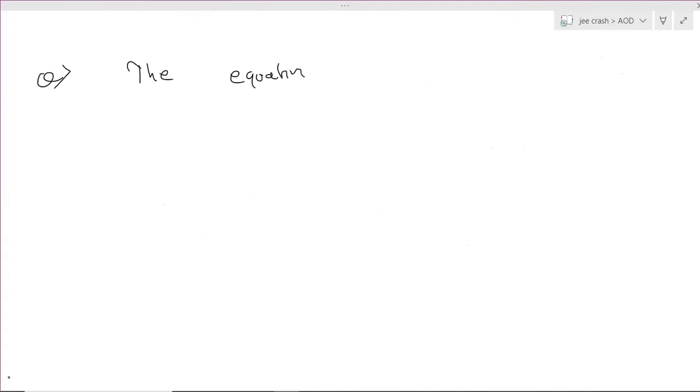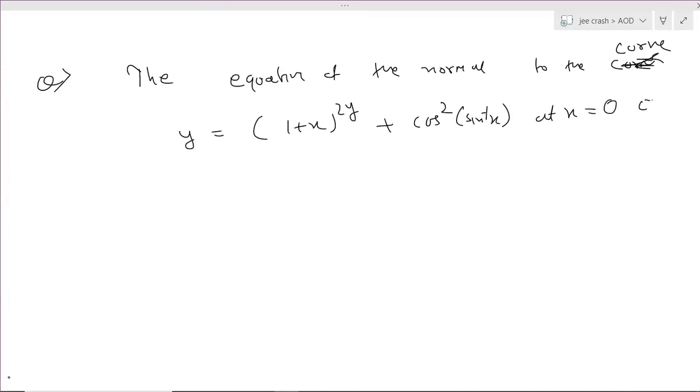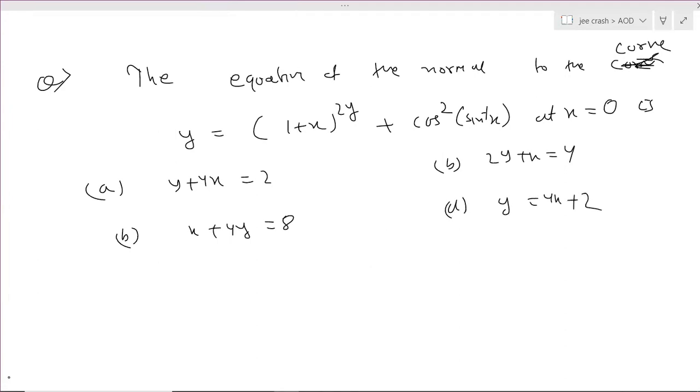The equation of the normal to the curve y equals 1 plus x to the power 2y plus cos square sine inverse x at x equals 0 is: a, y plus 4x equals 2; b, 2y plus x equals 4; c, x plus 4y equals 8; d, y plus 4x equals 2. All right. Very simple question again.